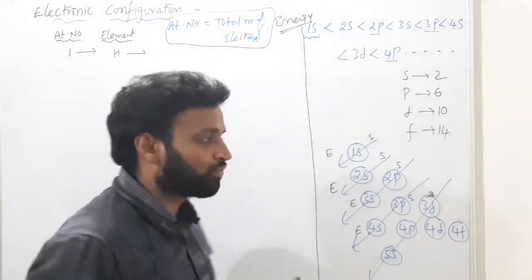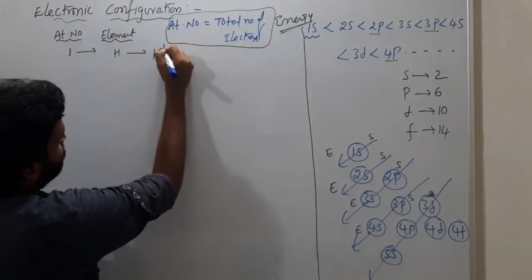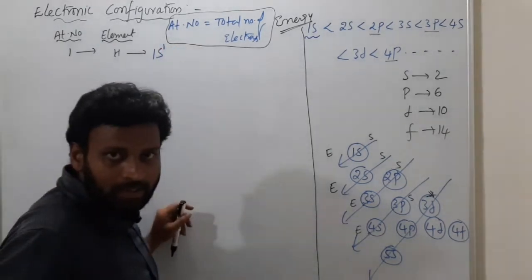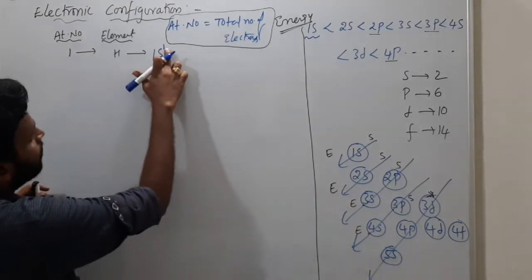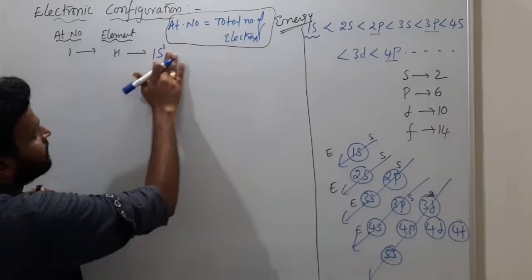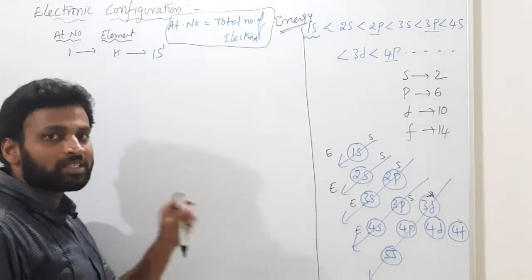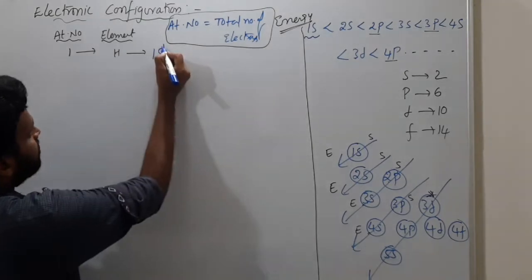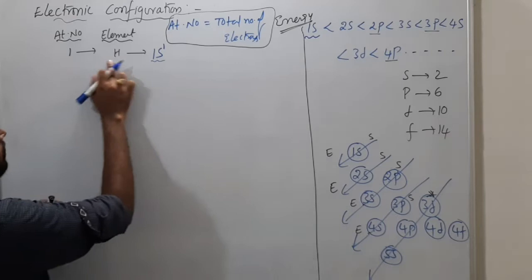We have to fill electrons in the 1s subshell. Those electrons we show or represent as a power. 1s1. Don't call it 1s power 1, just 1s1. It means 1 electron is present in the 1s subshell, and that electron belongs to hydrogen.